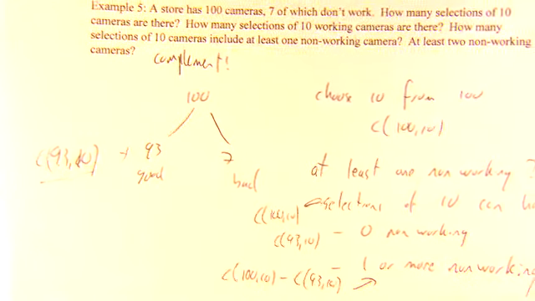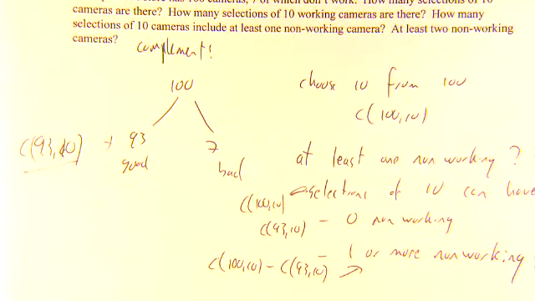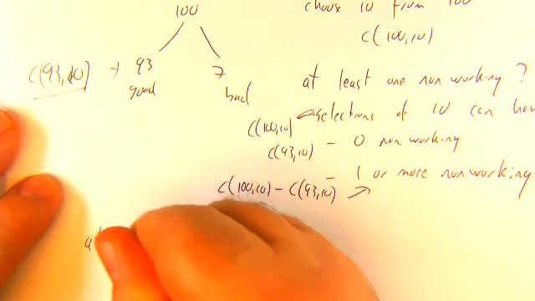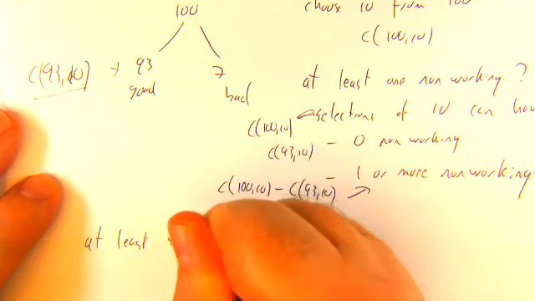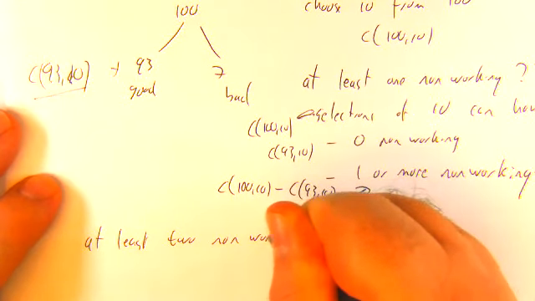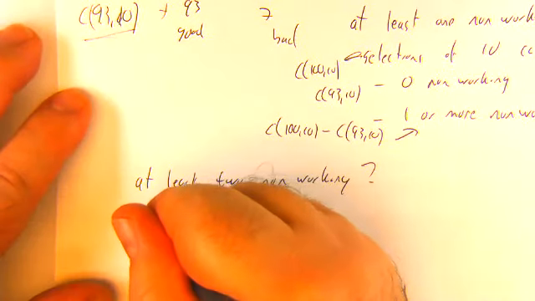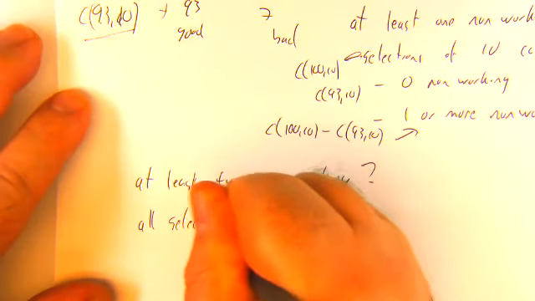And we can do the same thing for at least 2 non-working cameras. Well, all selections of 10.